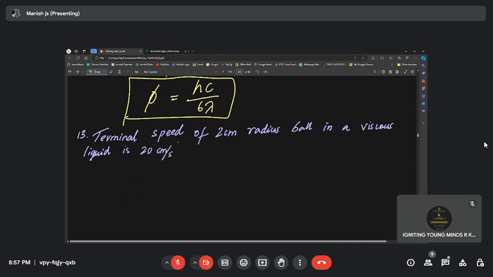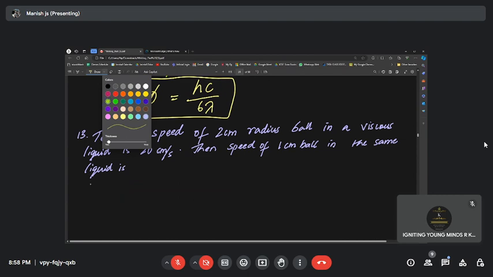Then the speed of 1 centimeter ball, 1 centimeter ball means 1 centimeter radius ball, that is the meaning. Okay, 1 centimeter ball in the same liquid is, I'll give you the options.